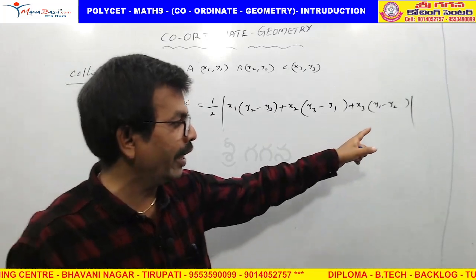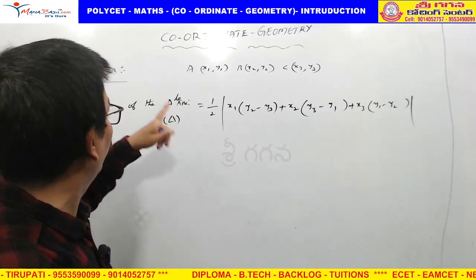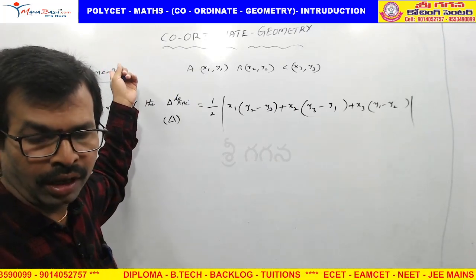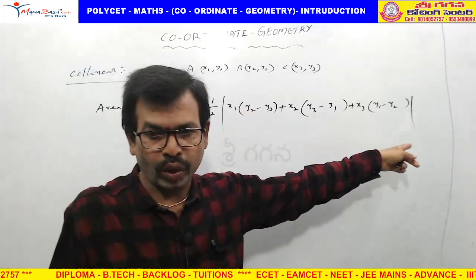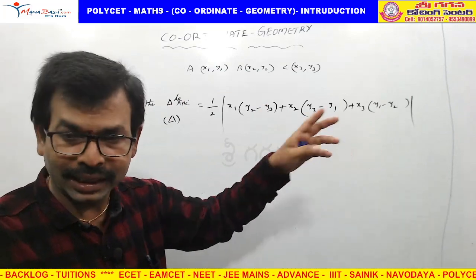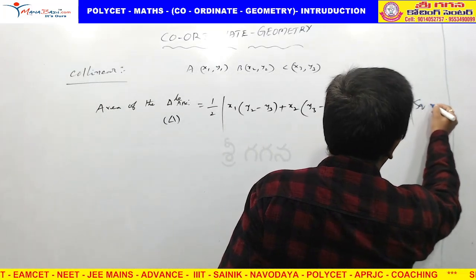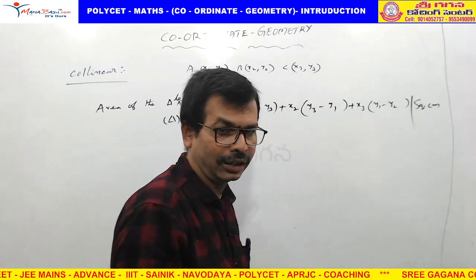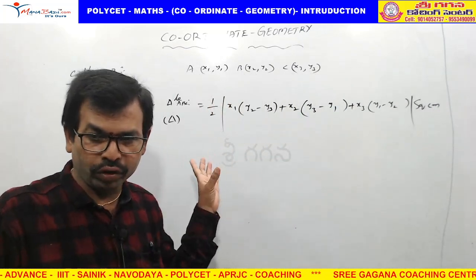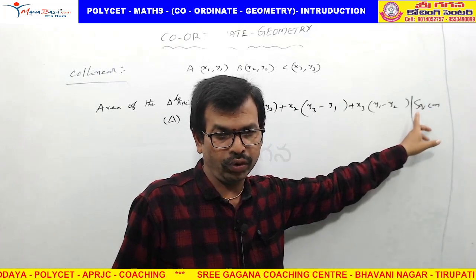When you are taking area, it is always in square units. If the question gives centimeters, you have to write square centimeters. If they give meters, you have to write square meters. Like that you have to write. This is very important, don't get confused here.